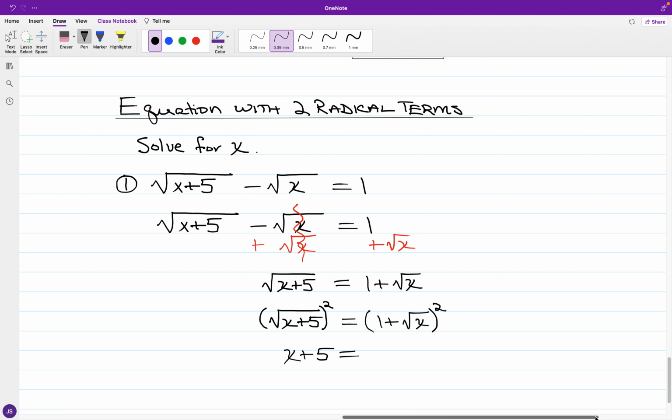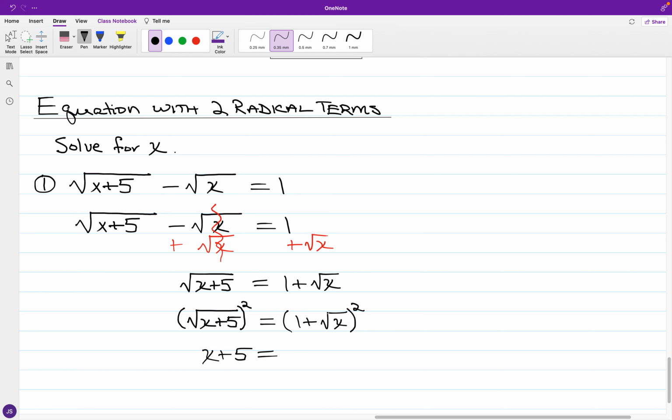Now, to the right, I have 1 plus the square root of x, quantity squared. So you've got 1 plus the square root of x squared.